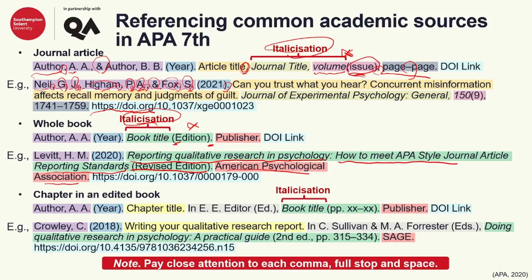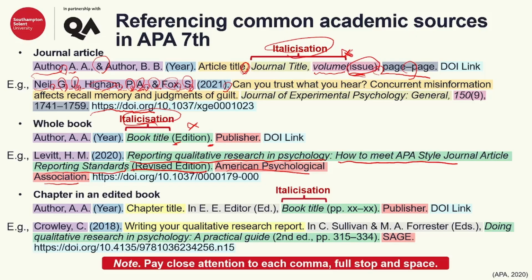This type of reference includes information about both the individual chapter and the book containing that chapter. The purple section identifies the author of the chapter, not the editor of the whole book. The blue section provides the publication year, just like the whole book and journal article reference entries.